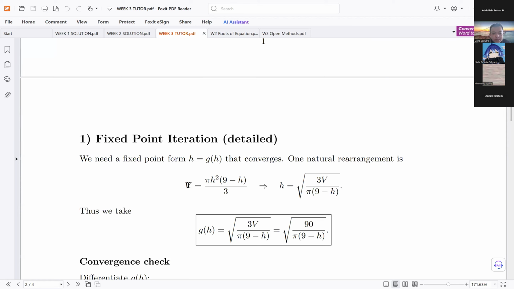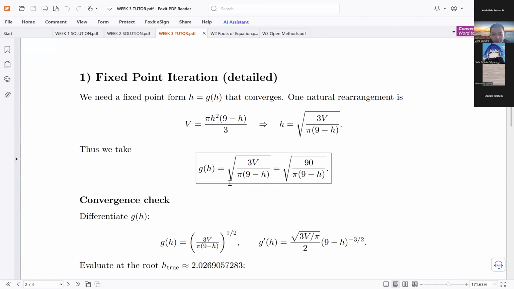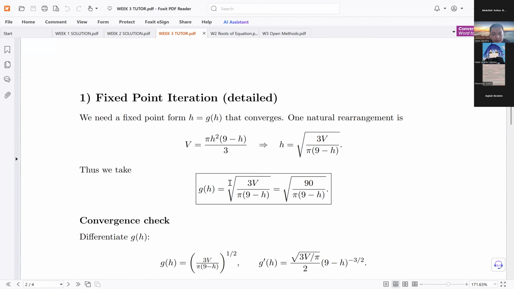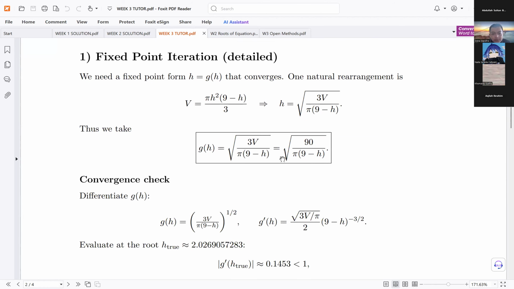Here, I define v as y and h as x, so we modify the formula until h equals another formula. Since the goal of v is 30 cubic meters, we substitute 3 into v, and it is 90 per pi times 9 minus h.